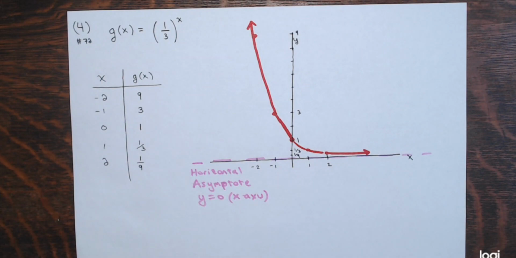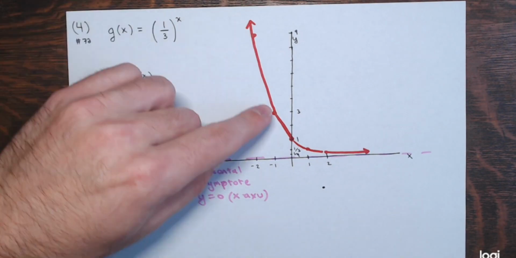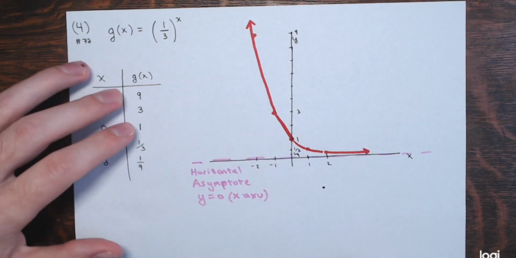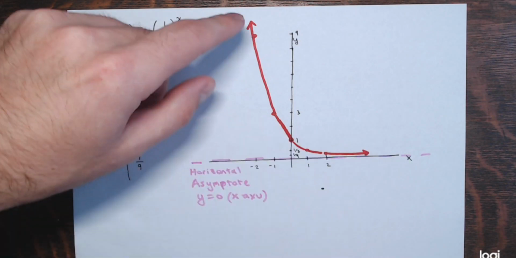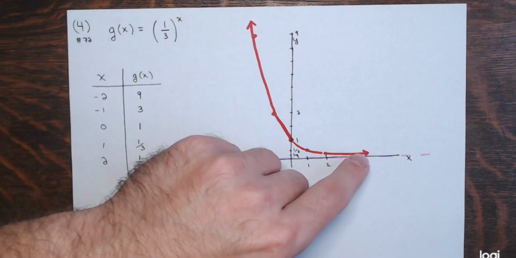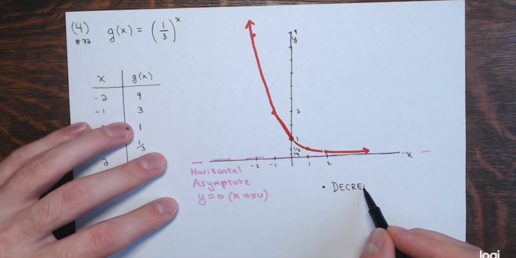But this time they would call this function a decreasing function. As the input increases, the value of the function decreases all the time. So this would be a decreasing function.